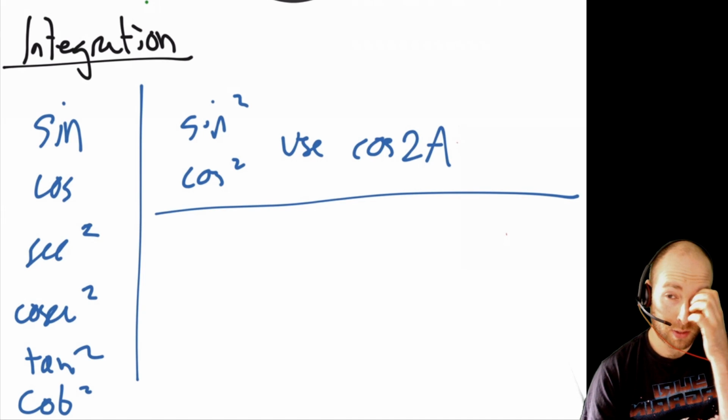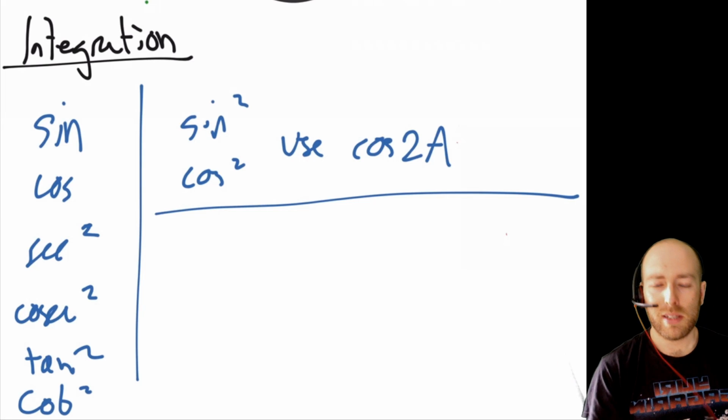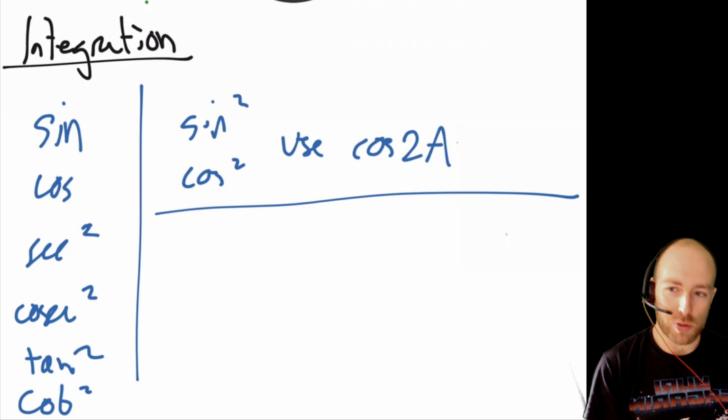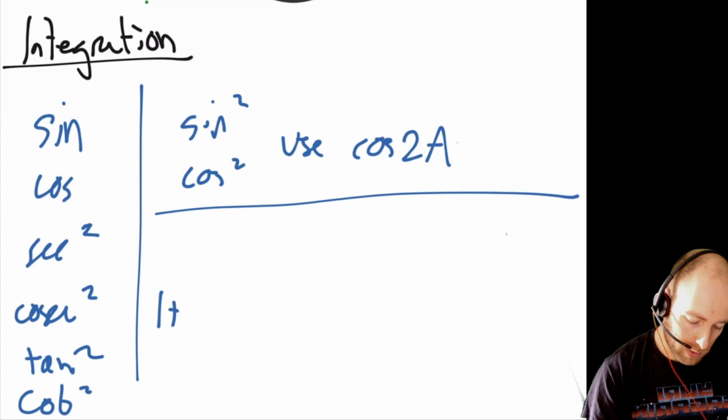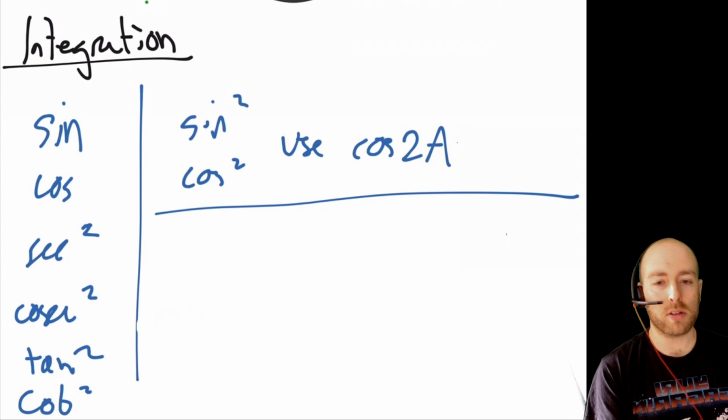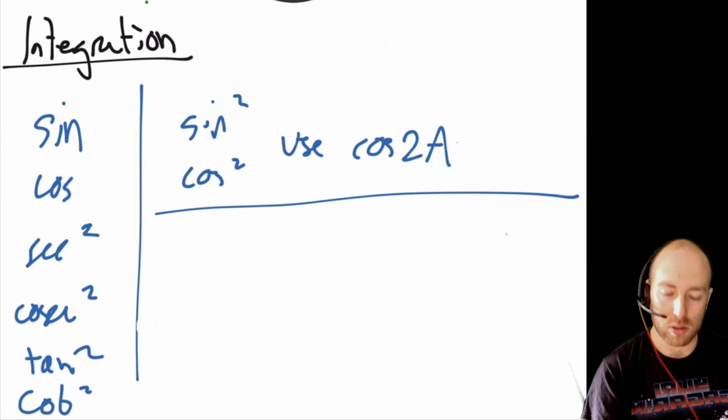Obviously, tan squared and cot squared, I've written them at the bottom. You would use your 1 plus tan squared equals sec squared kind of equation. 1 plus cot squared is cosec squared. So those would be for your tan and cot squared.